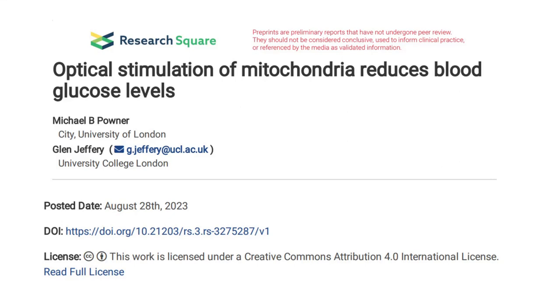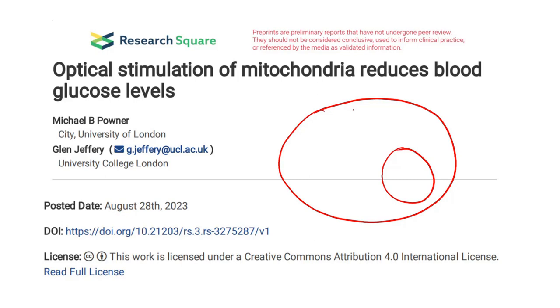Now, before we do that, we have to talk a little bit about the mitochondria. So inside each cell is a nucleus, but there's also these tiny little organelles called mitochondria. And they are the parts of the cell that produce energy in the form of ATP.